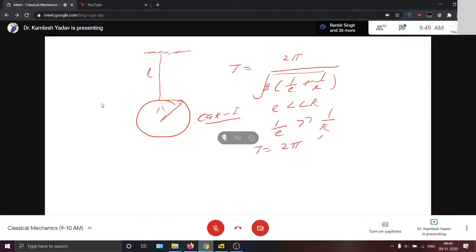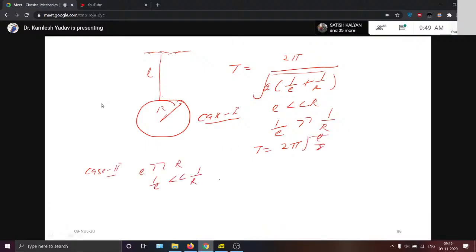Let us consider case 2. Suppose L is very much greater than R, the length is greater than the radius of the earth, then 1 upon L is less than 1 upon R. We can neglect 1 upon L, then in that case the time period will be equal to 2 pi root of R upon g.